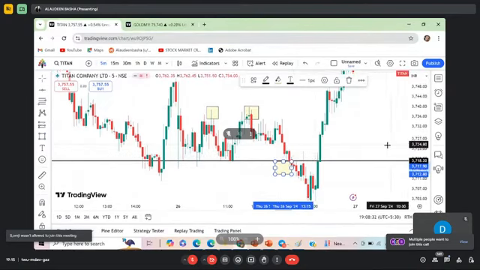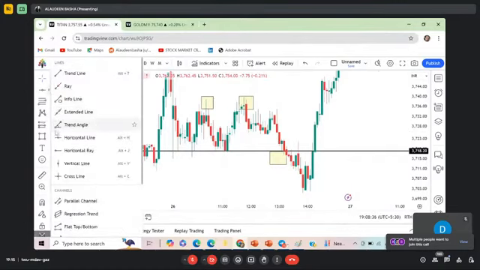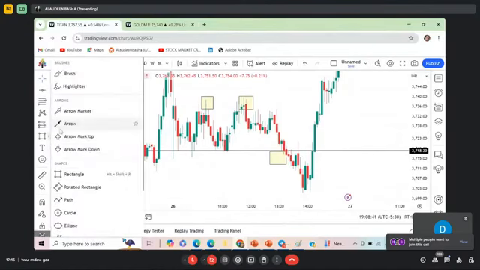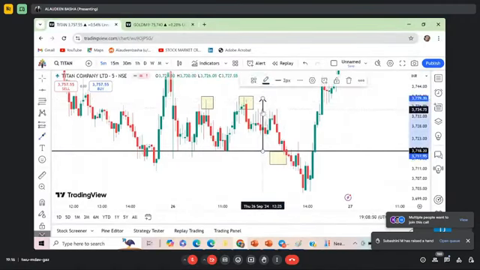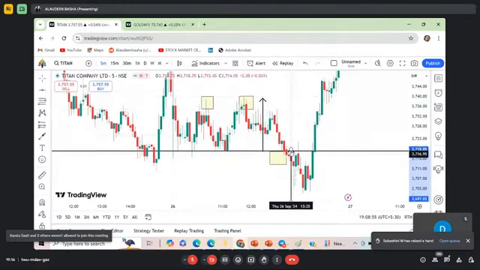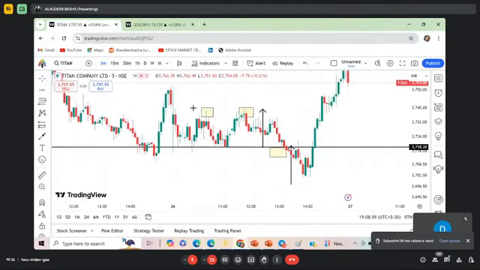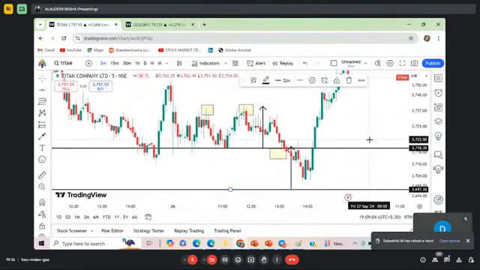Then the target of this trade is compared with the previous high. I will show you how to mark the target. Just copy paste and put it here; this is the exact target of your trade.